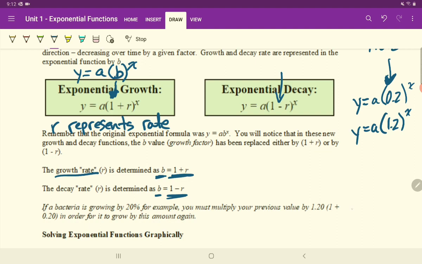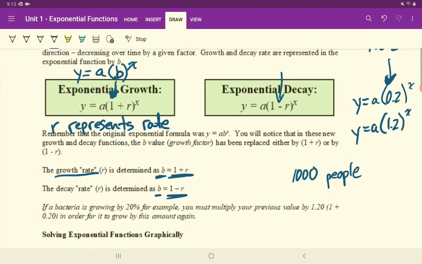Okay, and here is the example that I just went through. So if a bacteria is growing by 20%, for example, you must multiply your previous value by 1.2 in order for it to grow by this amount again, right? So that makes perfect sense. Like, let's say your population is 1,000 people, right?